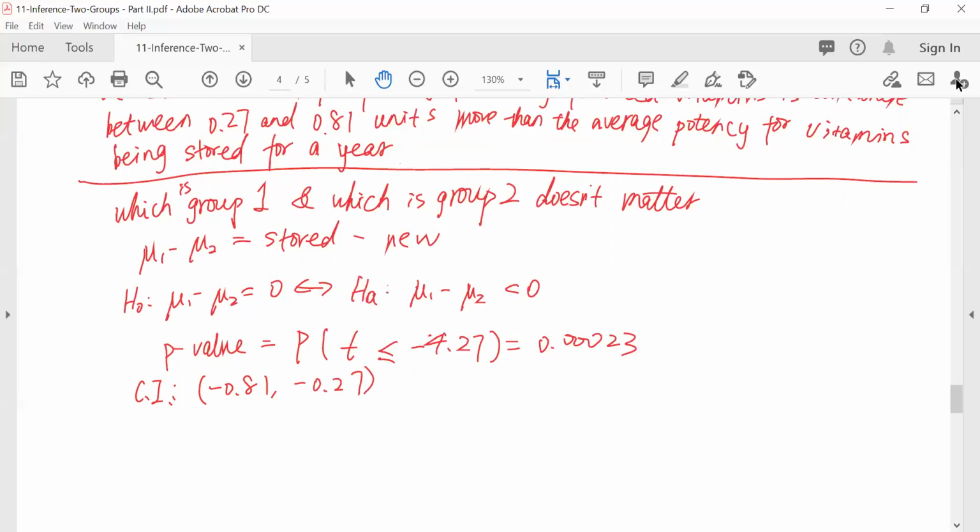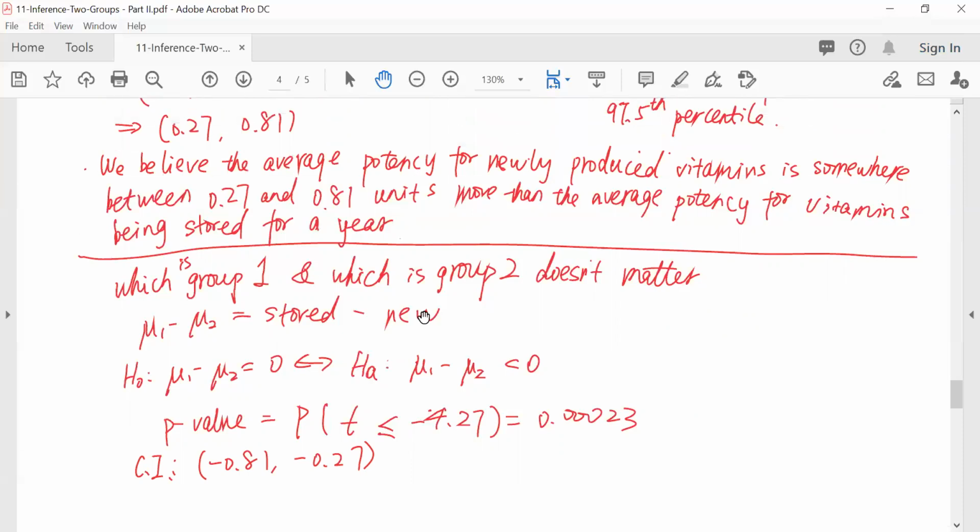And again, since your mu1 minus mu2 denotes stored vitamin minus the new vitamin, you are going to have the same conclusion as well. So it doesn't matter which group you use as group 1 or group 2, as long as you are consistent throughout the question, and the sign doesn't really matter. Again, as long as you're consistent.